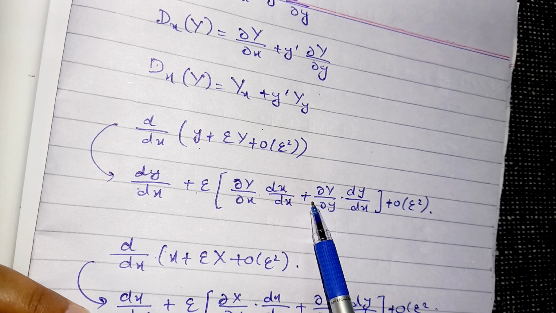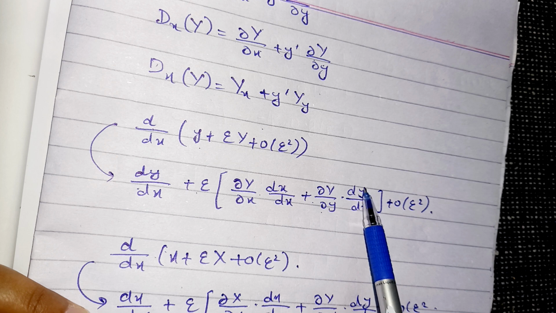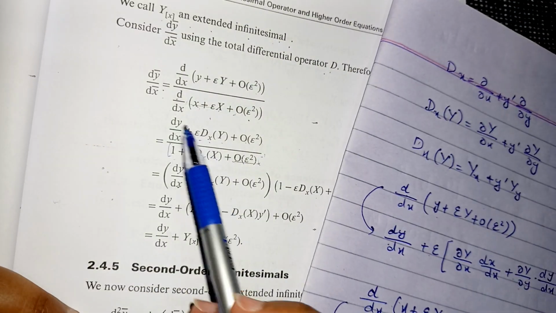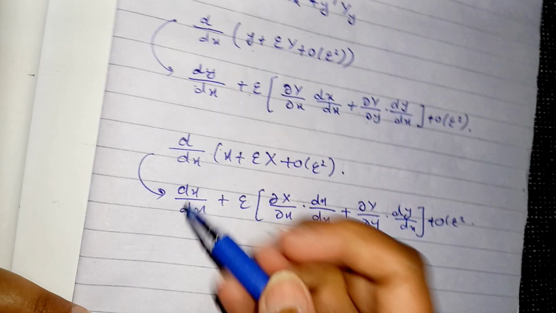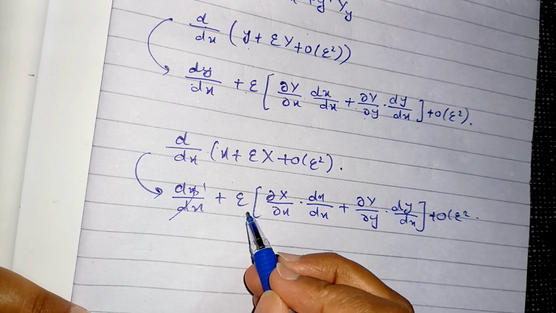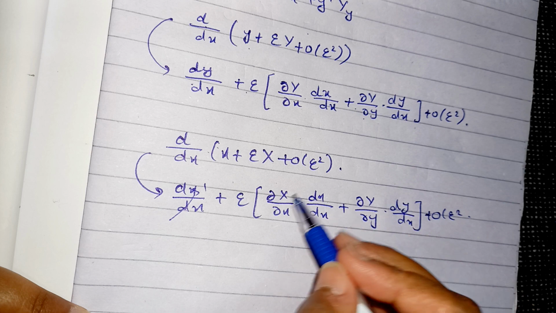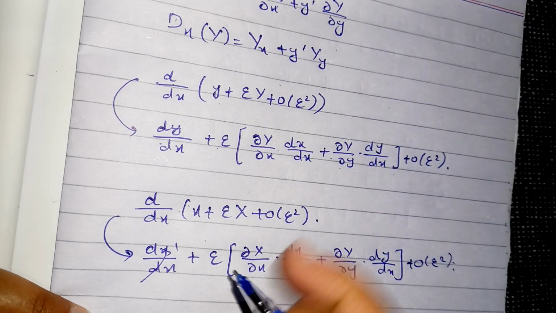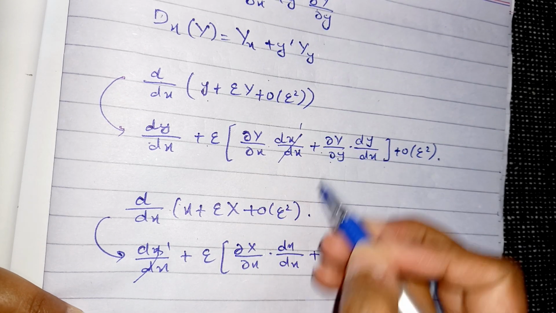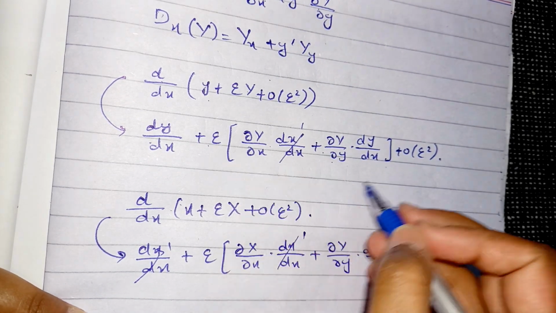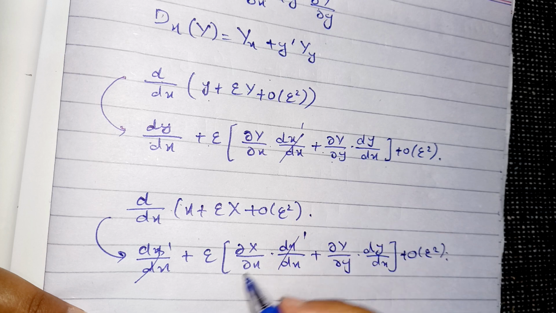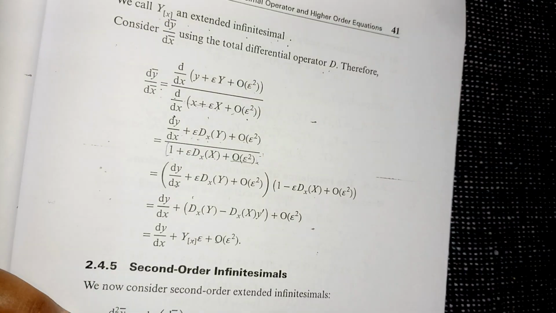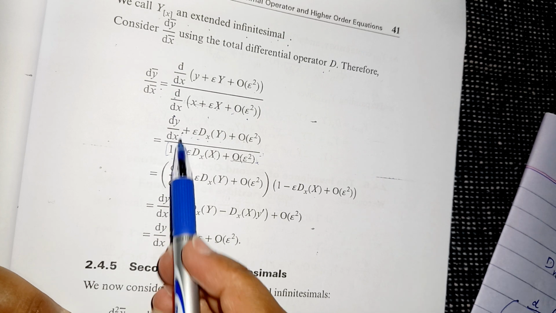In the similar way, the partial derivative with respect to y and the total derivative, plus order of epsilon squared. And if you take the derivative of the denominator, it will become equal to 1 obviously, plus epsilon, and in the similar way you take the partial derivative of this term plus order of epsilon squared. Here you will get 1, and this is the value of D_x of capital Y, and this is the value of D_x of capital X. Okay, so you get this term.